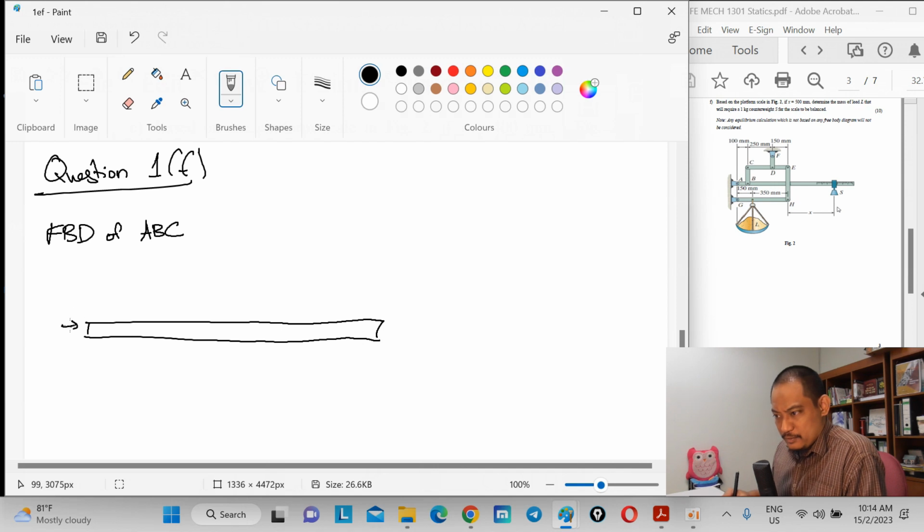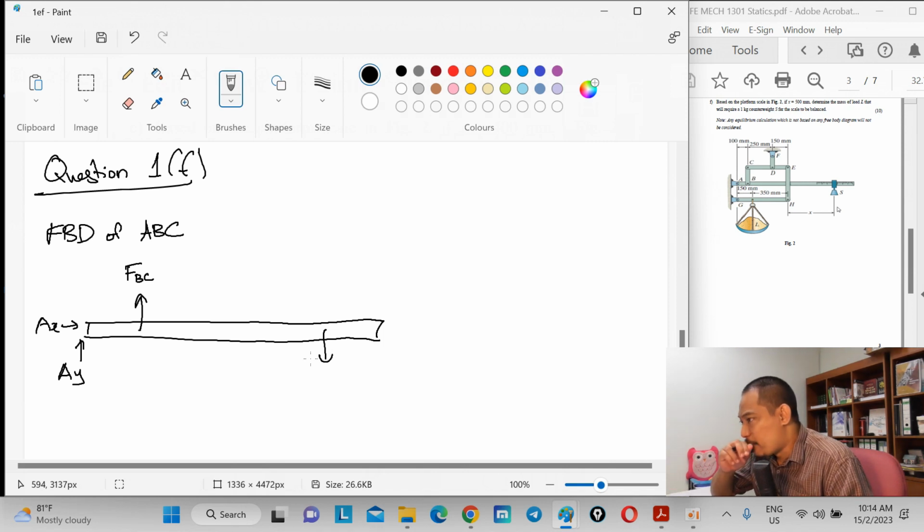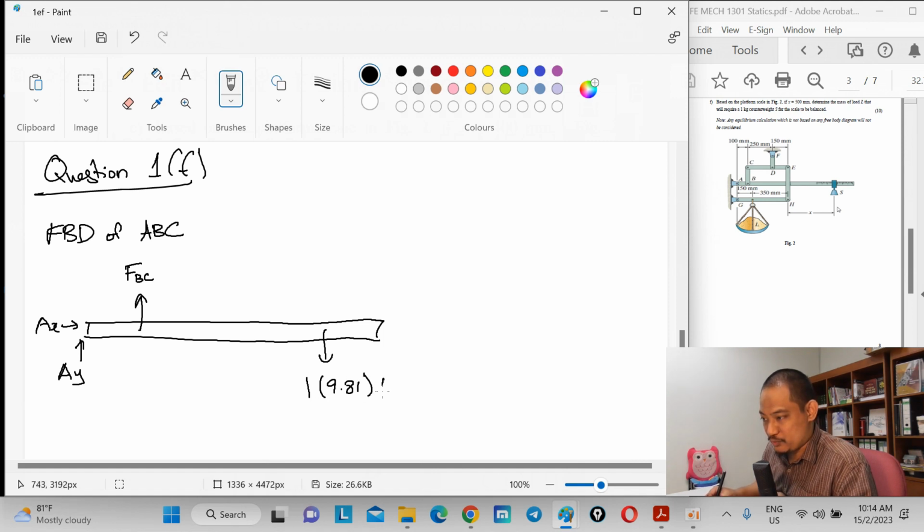You have EX and EY. Okay, so your two force member will be exactly the same, right? So here you have FBC, and then down here you have weight S, but it is given that S is 1 kilogram, so it is 1 kilogram times 9.81 Newton, which becomes basically 9.81 Newton.